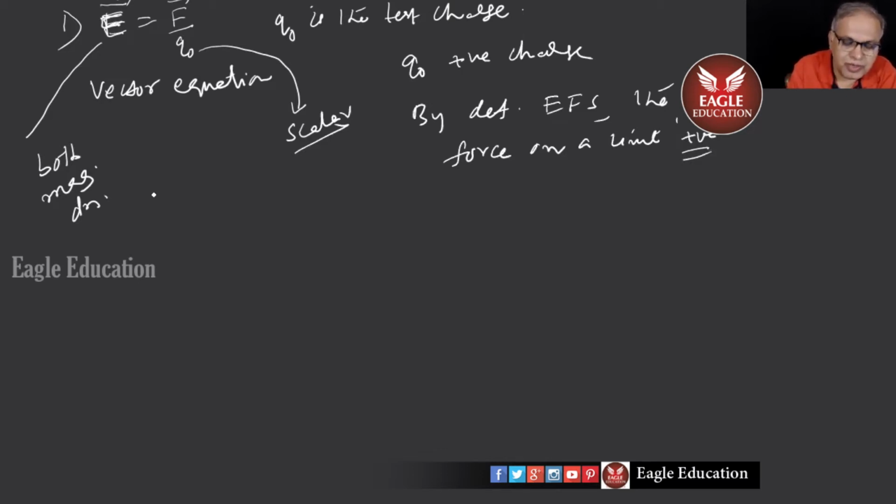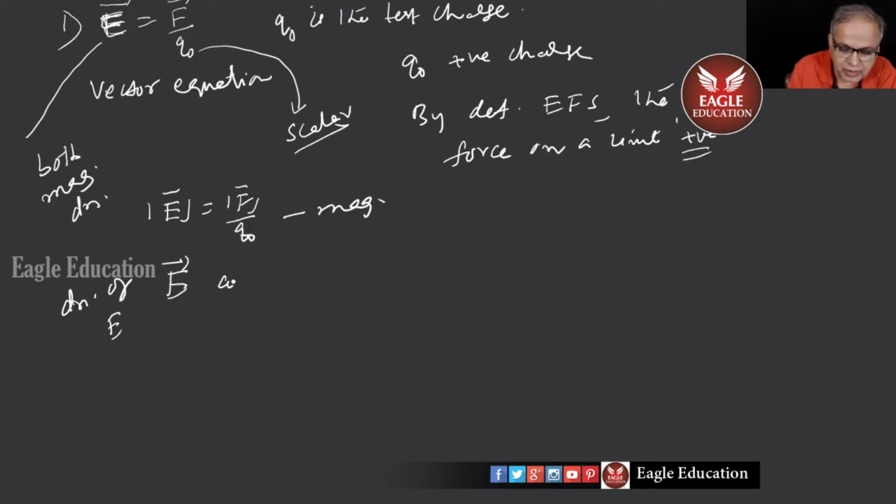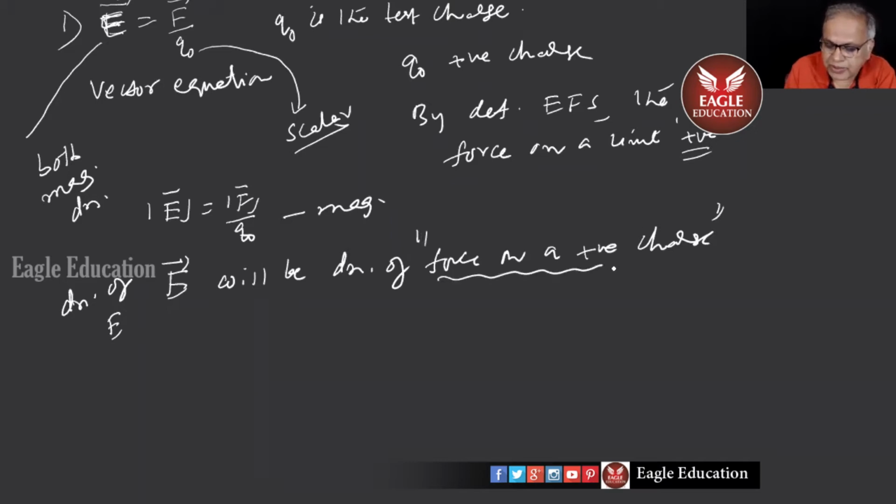So when you say this, what it means is, in both magnitude and direction terms, E is force by Q naught. This is the magnitude, and the direction of E will be the direction of force on a positive charge. This is the key word I would like you to understand.